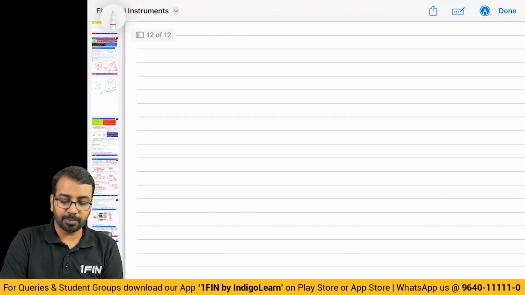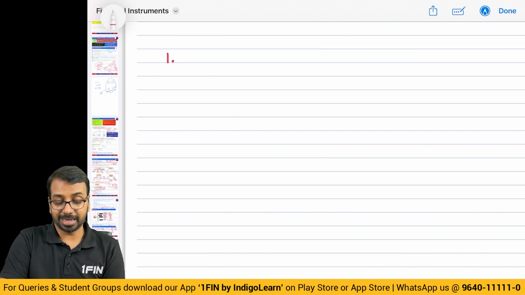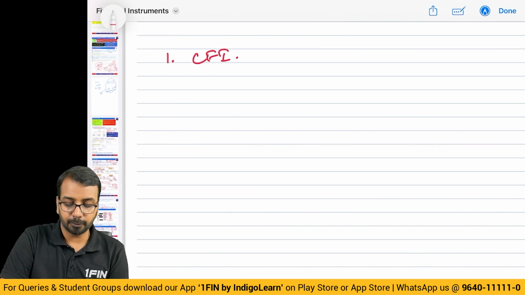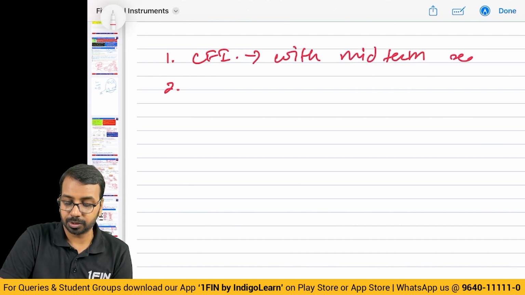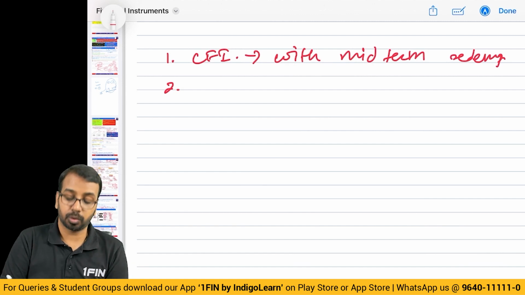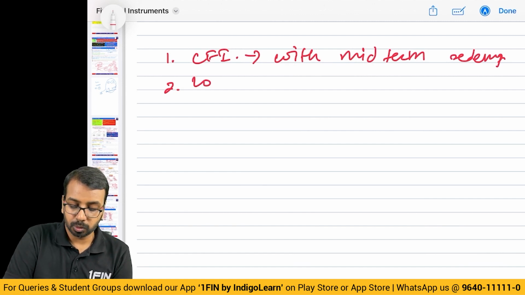Now, as far as the types of questions in the examination are concerned, one is compound financial instrument. Second one is this with mid-term redemption. Okay. Then you have loan at concessional rate.